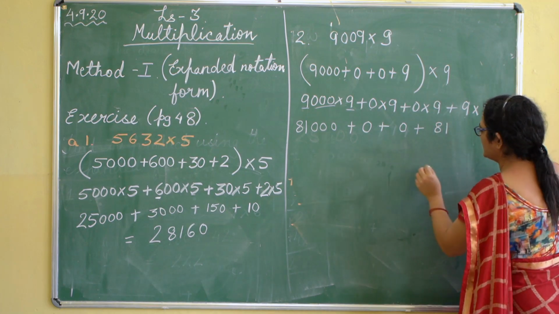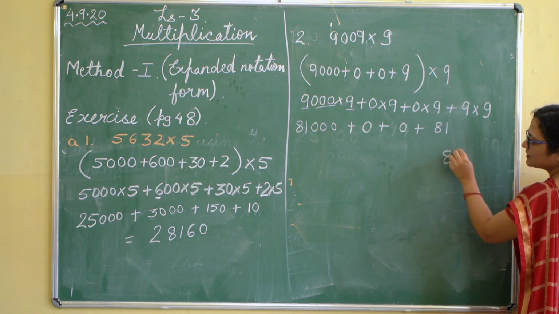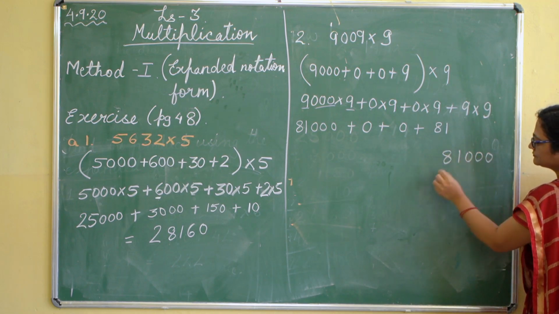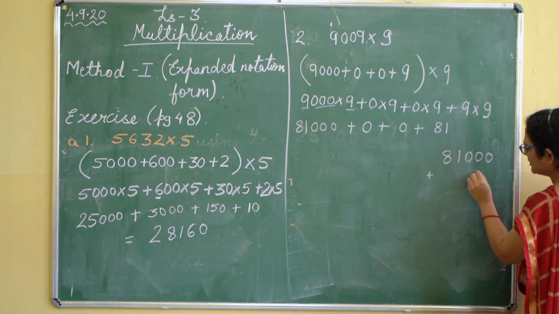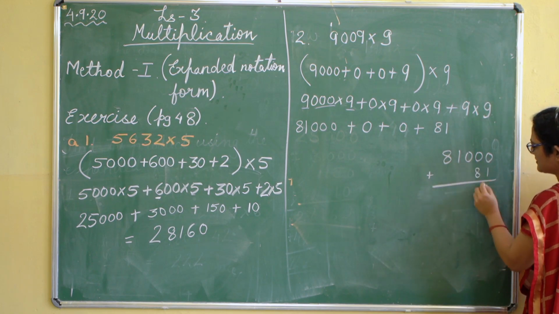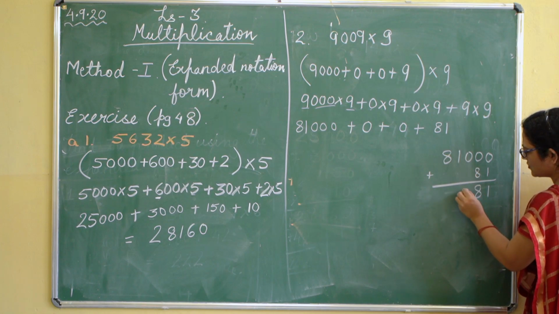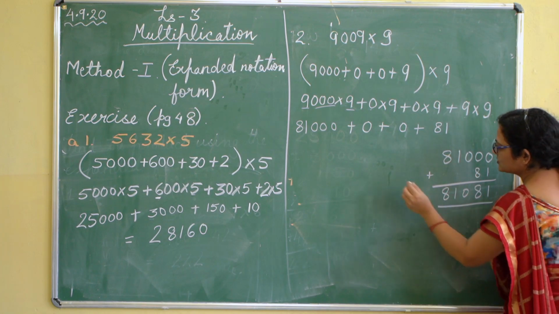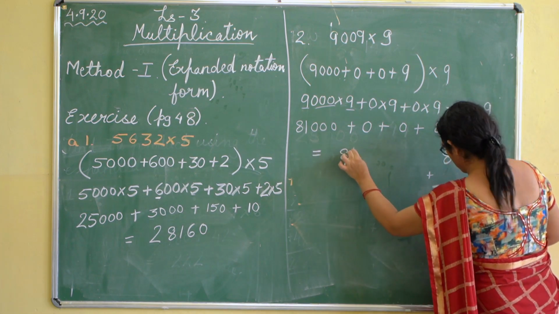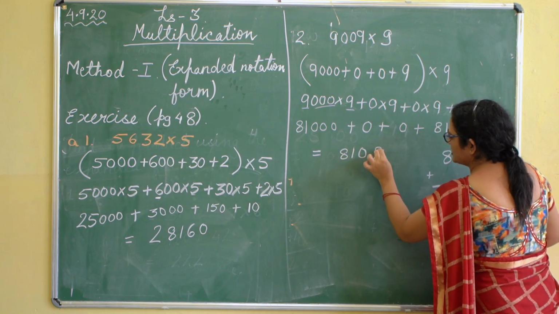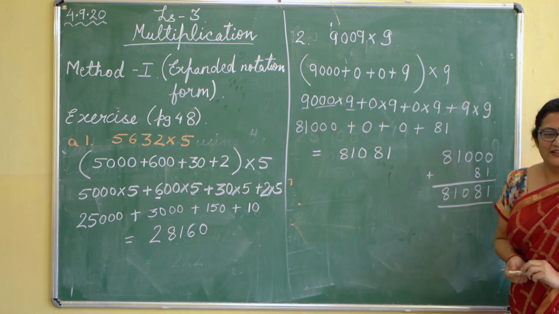Now we'll add all these numbers. No need to write the 0s, only write these numbers. 1 plus 0 is 1, 0 plus 8 is 8, 0, 1, 8. So your answer comes 8,1,0,8. This is the answer.